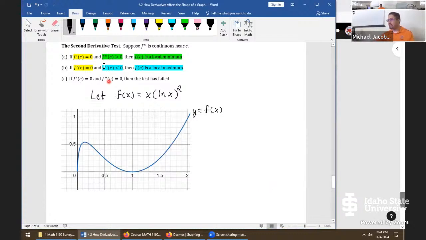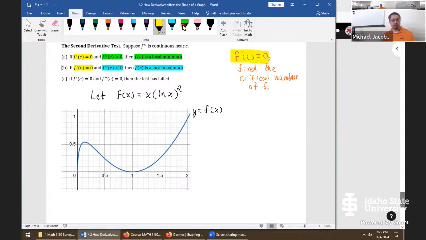So taking another look at this, let's see what all these moving parts are. First, when it says f prime of c equals 0, this means our first step is find the critical numbers of f.